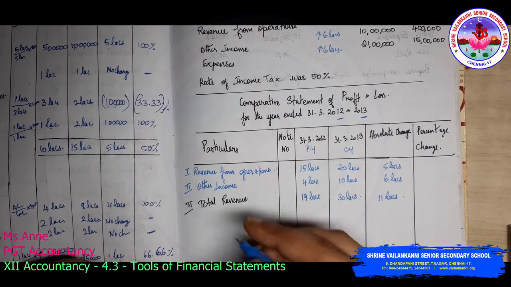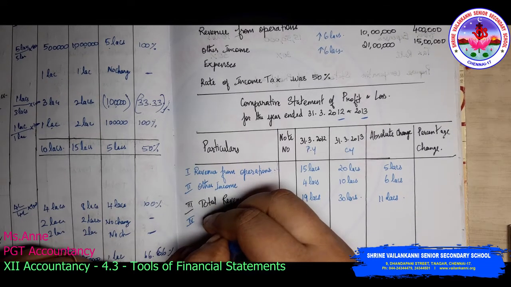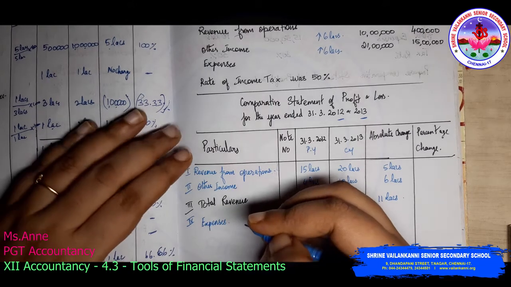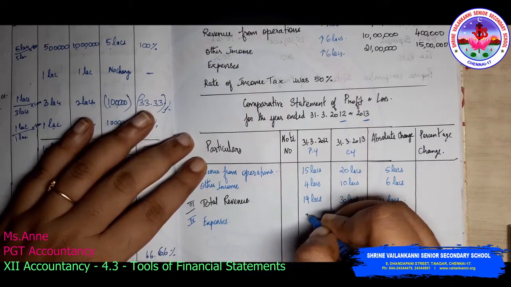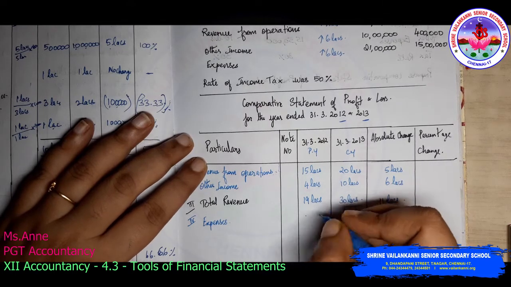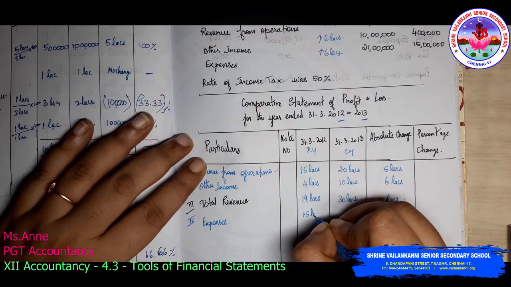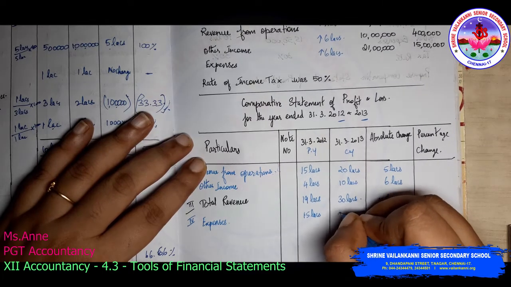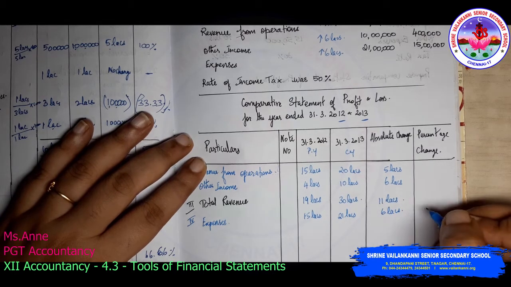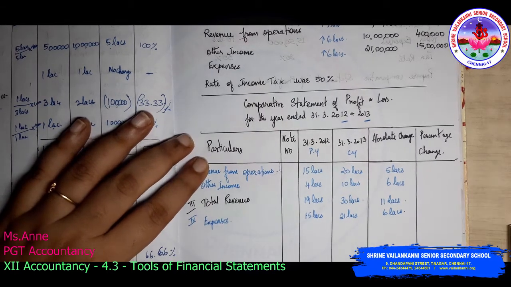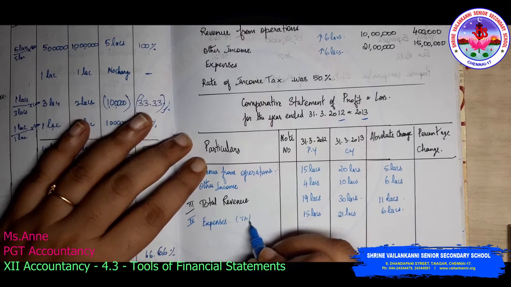And then my fourth one is expenses. I have only one expense, so I'm just taking it straight away. In 2012 the expenses are 15 lakhs, in 2013 21 lakhs. There is a change of 6 lakhs. This will be my total also.